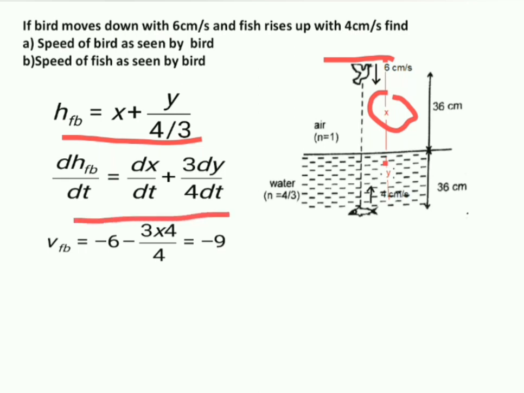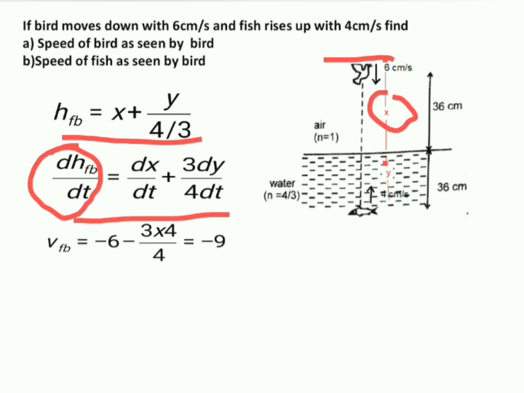Now differentiate this relation. The differential of h_fb by dt will give you the speed of fish with respect to bird, because h_fb is the apparent distance of fish with respect to bird.